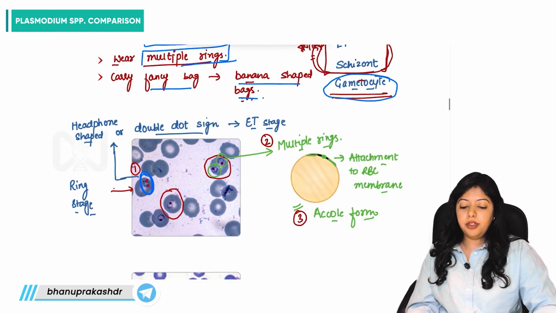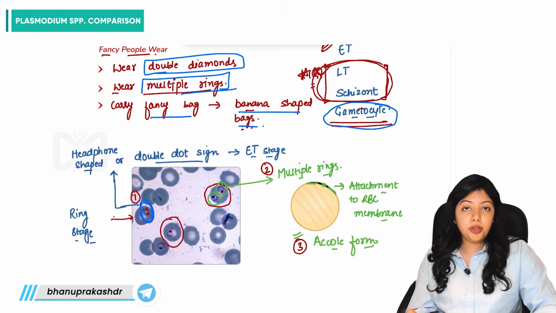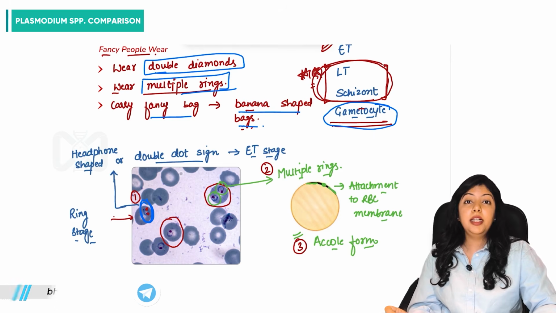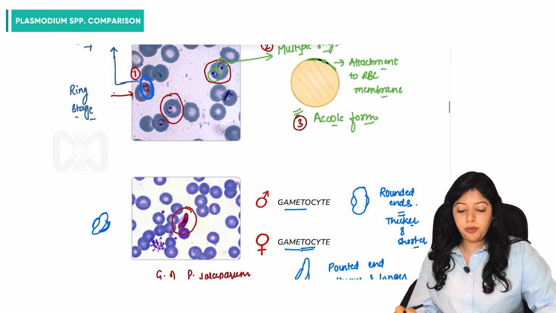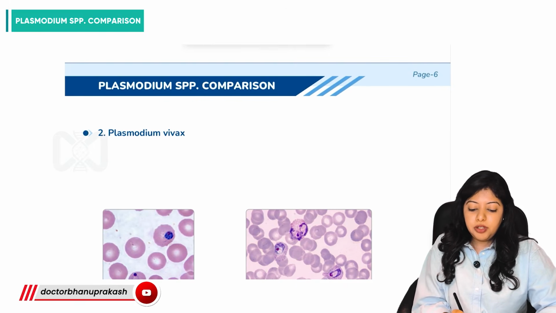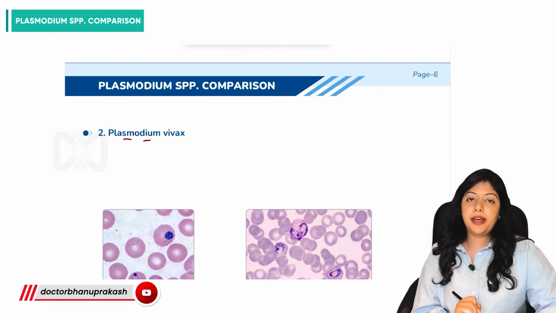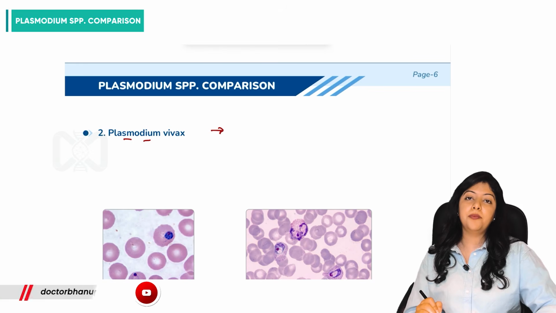So we have covered all the one-liners for Plasmodium falciparum, their morphological description, right? So these all are very, very important along with the images. Now coming to the next species, that is Plasmodium vivax. Again, let us talk about a story.